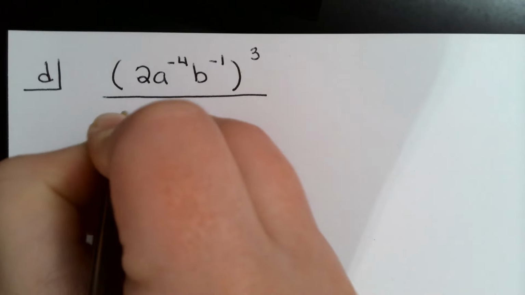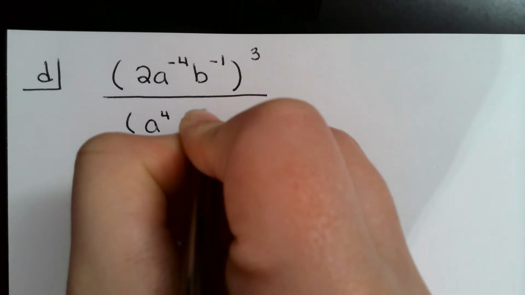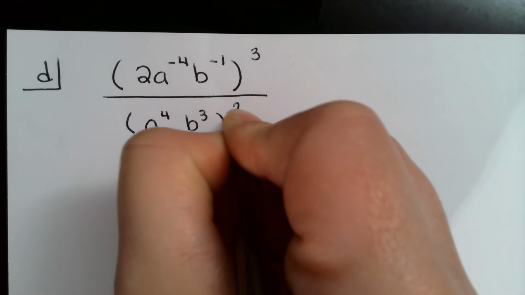For D, the question is open parenthesis a to the -4th power, b to the -1st power, close parenthesis, everything to the 3rd power. In our denominator, we have a to the 4th power, b to the 3rd power, raised to the 2nd power.